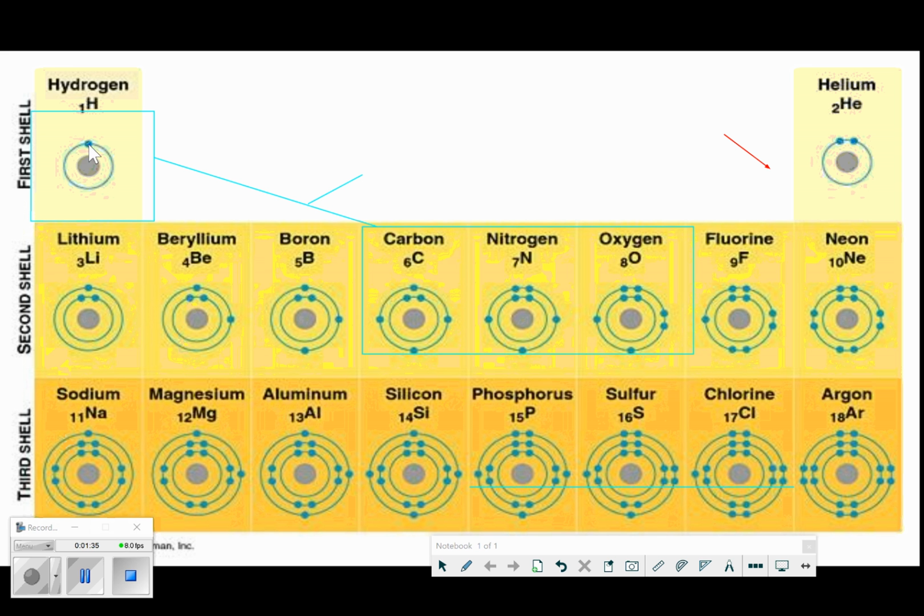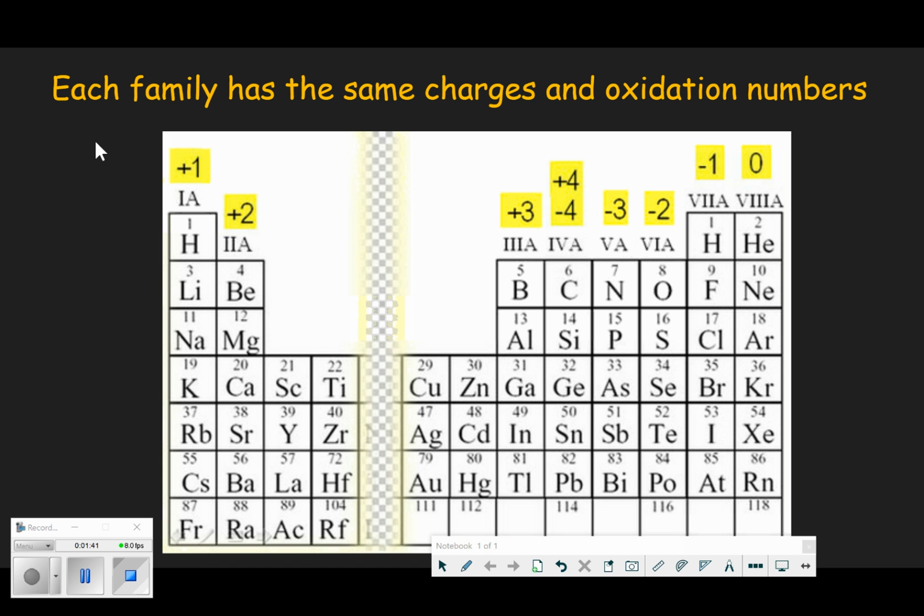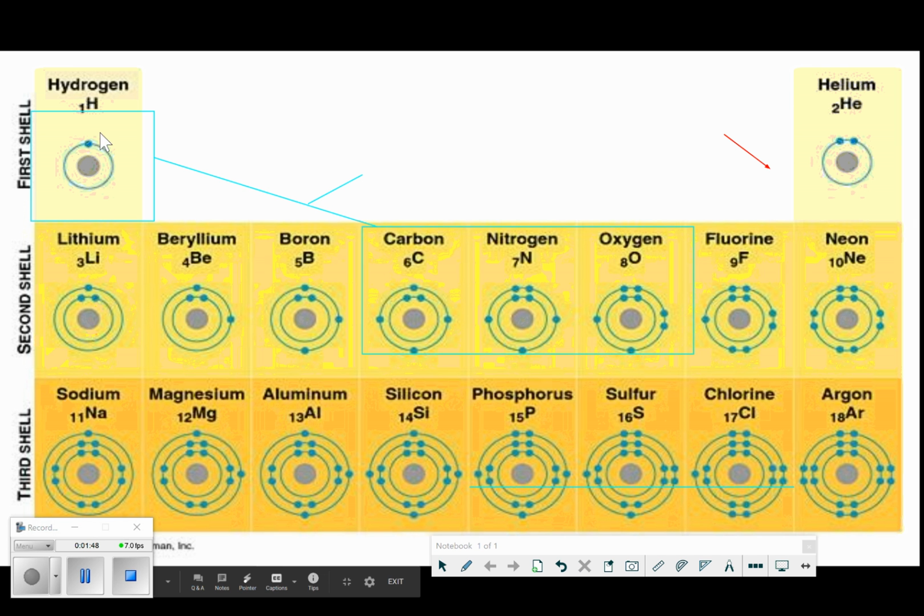As it steals an electron, it has one extra negative charge. Remember, electrons are negatives, protons are positives. So if it steals an electron, you are going to have two negative electrons and one positive proton. So 2 negatives plus 1 positive equals a 1 negative charge.